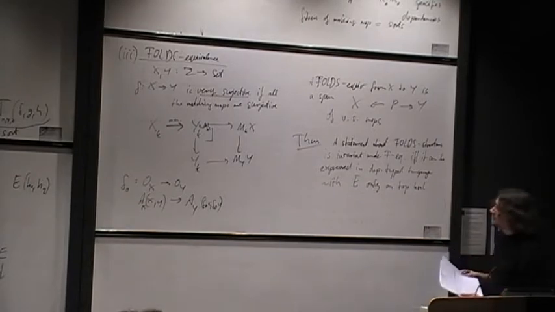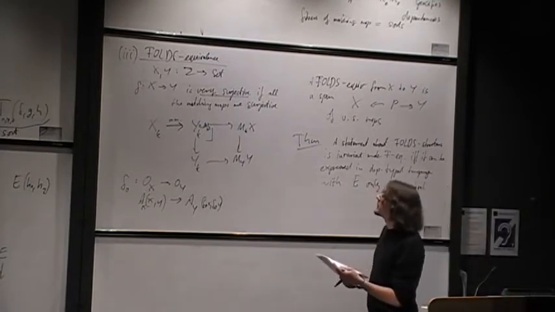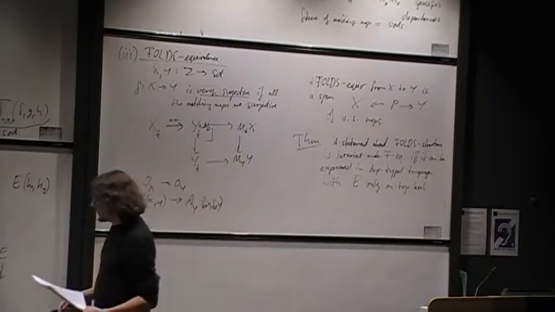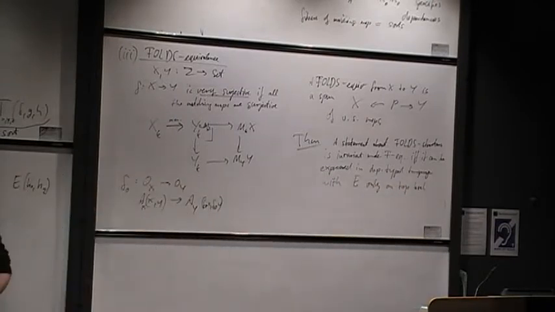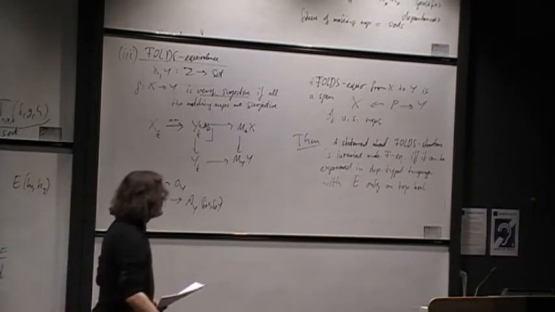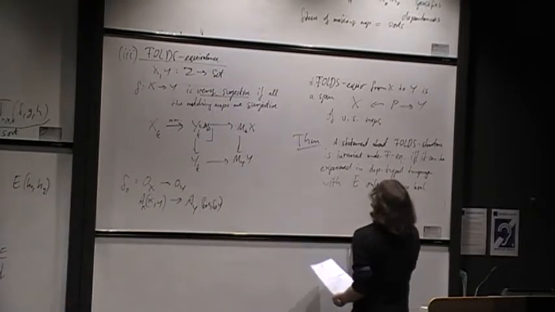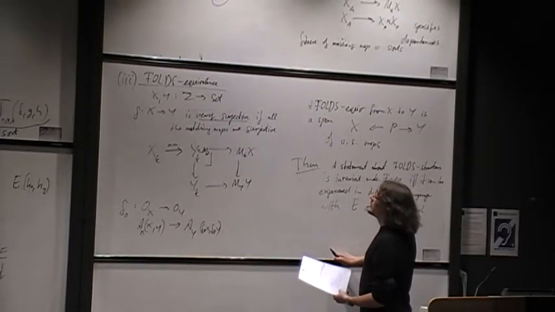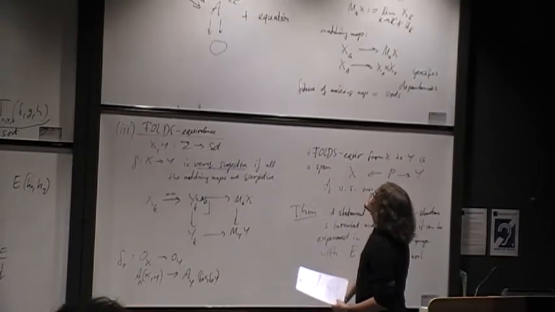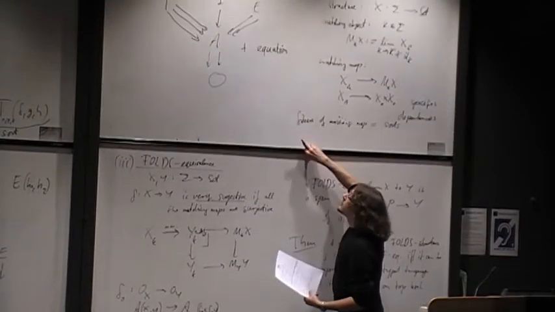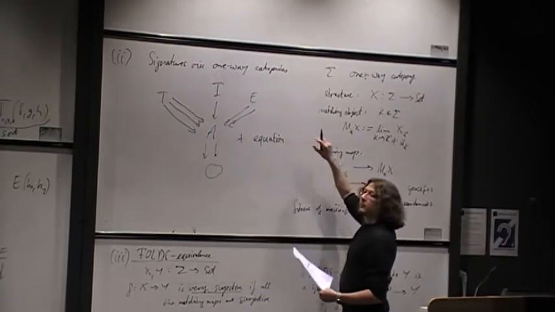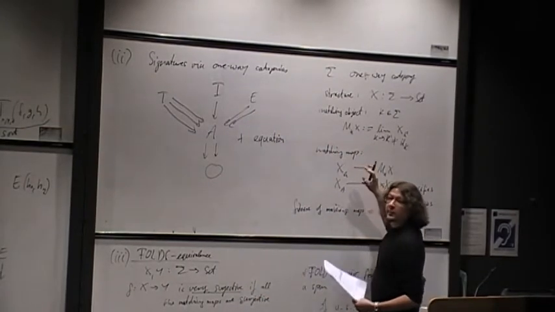One thing I mentioned earlier: here I've used the word relation, and there's nothing ensuring that in such a signature T, I, and E are actually mapped to subsingletons.